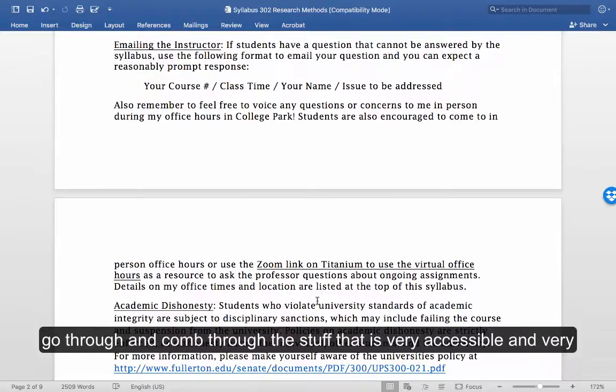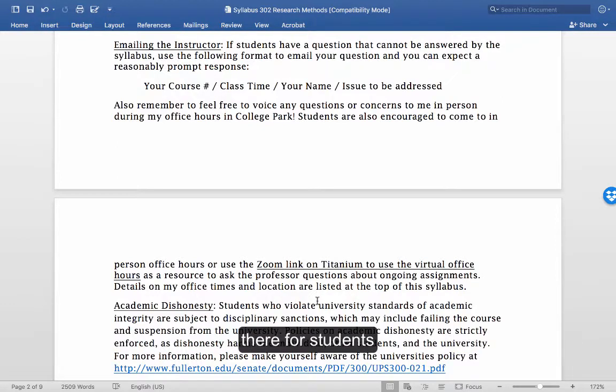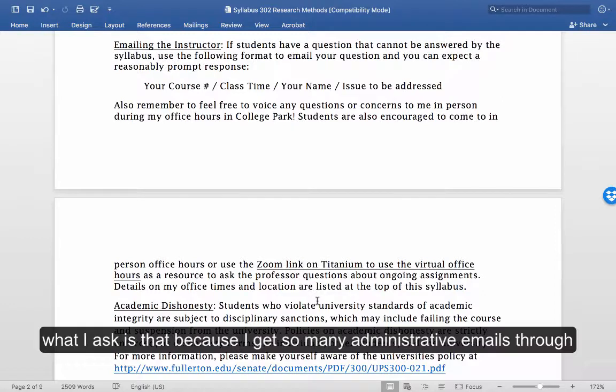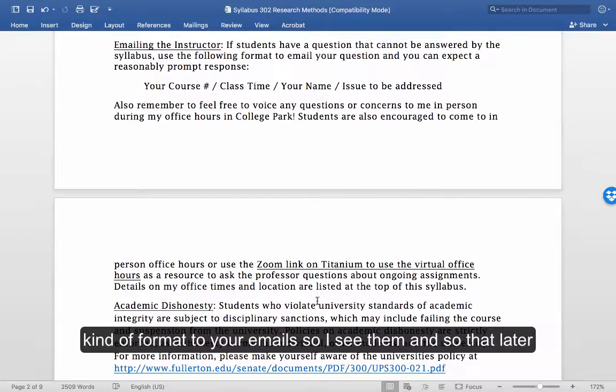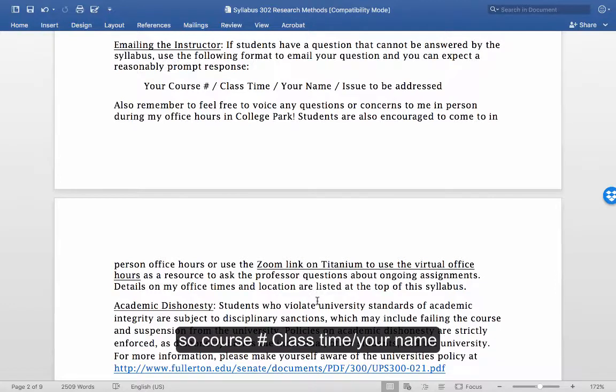It's very difficult to comb through the stuff that is very accessible and there for students, right? So what I ask is that because I get so many administrative emails through all of the schools that I work at, I ask that you put a specific format to your email so that I see it, and so that later on, if I need to search through my email, I can find your email, right?